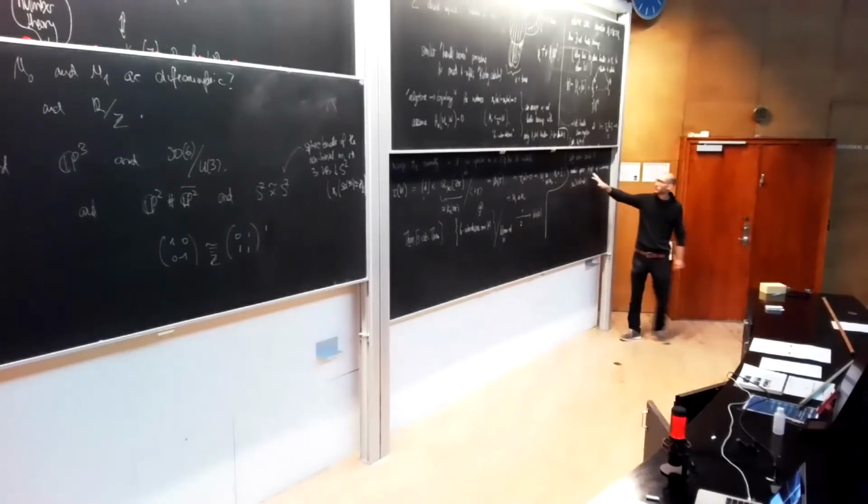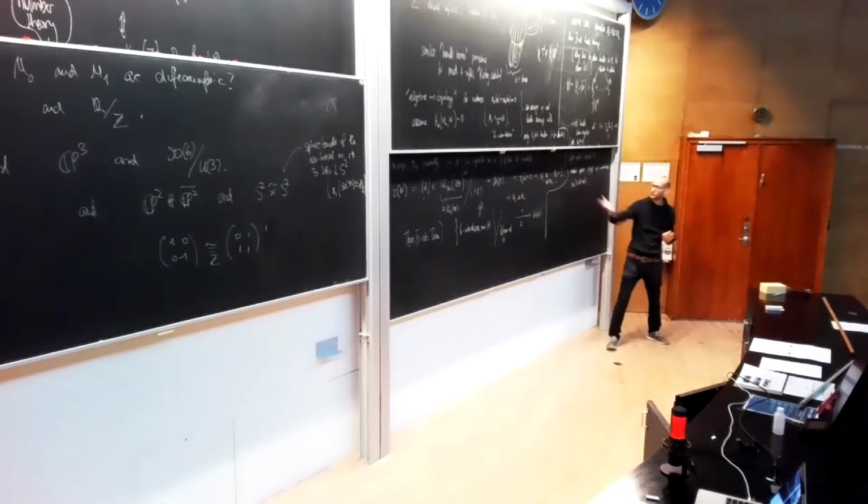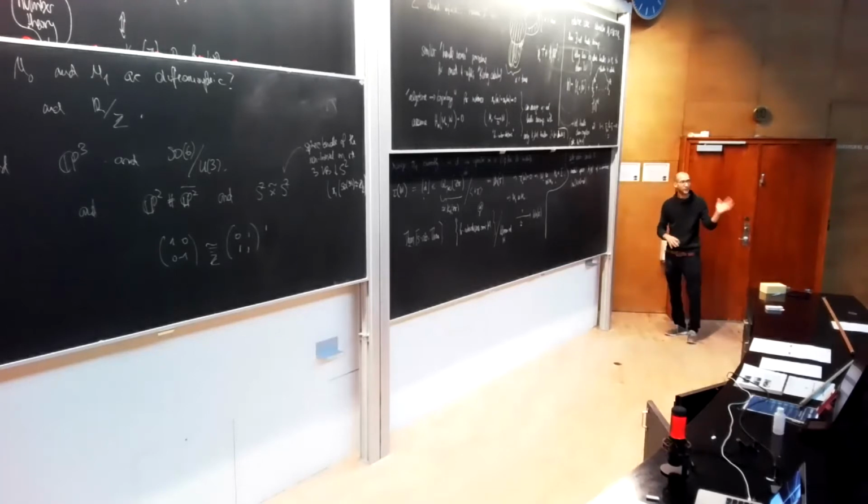This space is interesting for at least two reasons. On the one hand, it's the classifying space for bundles of h-cobordisms. And it could well be that we have a manifold, all of whose h-cobordisms are trivial, but bundles might not be trivial. So this is going to be captured by the homotopy type of the space.